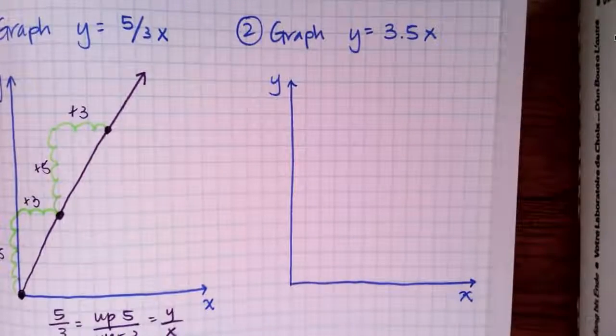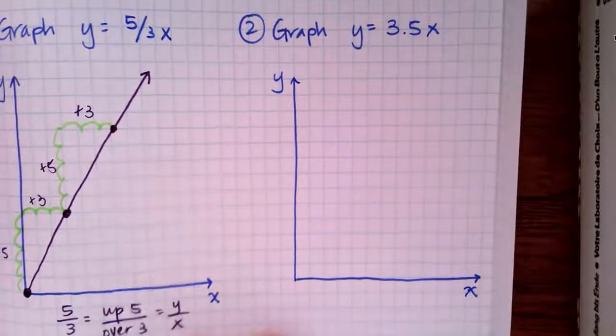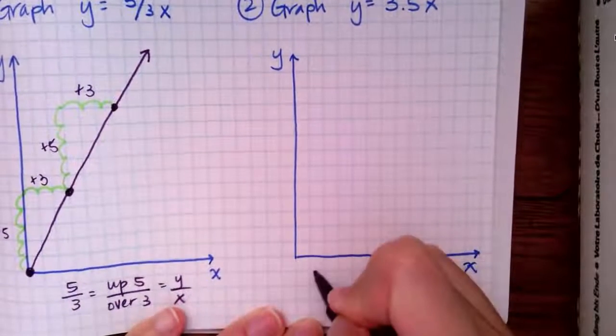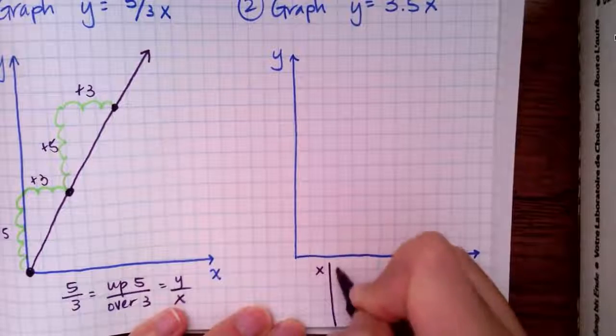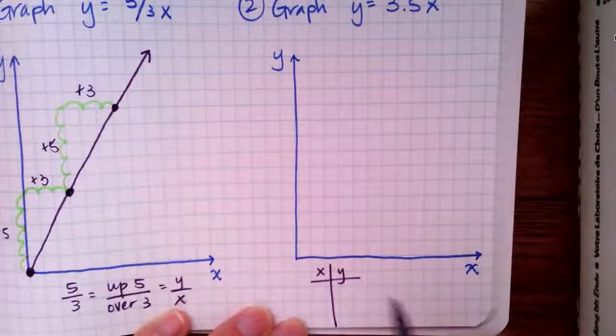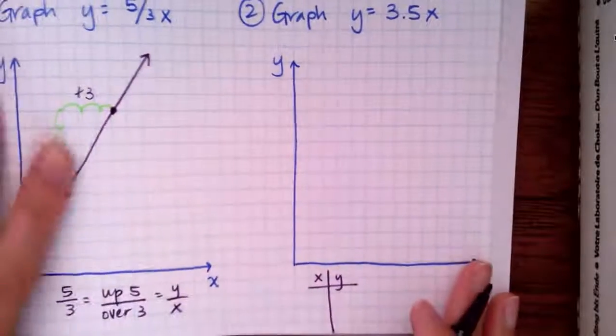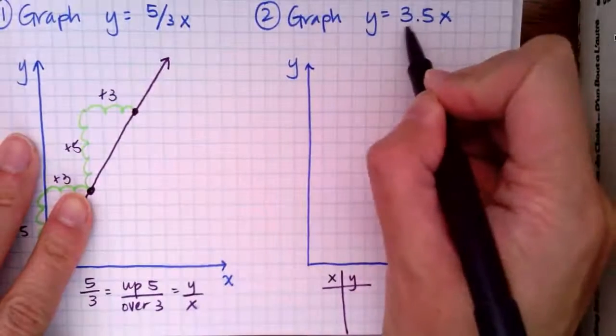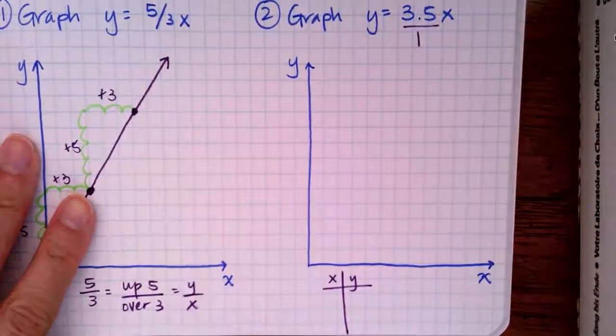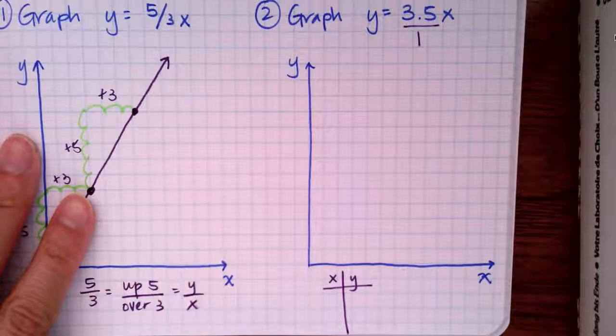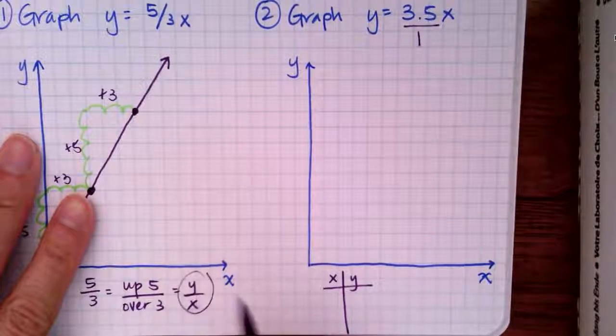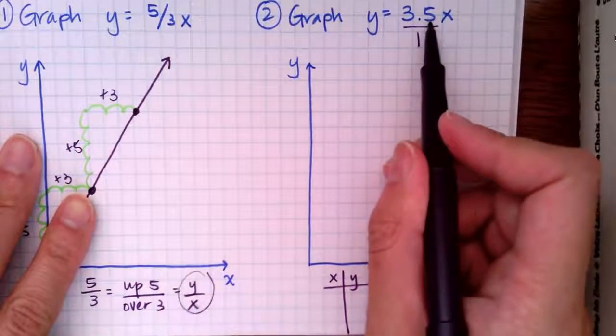So all I'm going to do is I'm going to create a table. Create one down here. It is 3.5, right? Remember we said the rate of change is just over 1. And it's y over x. So the y is the numerator, 3.5.